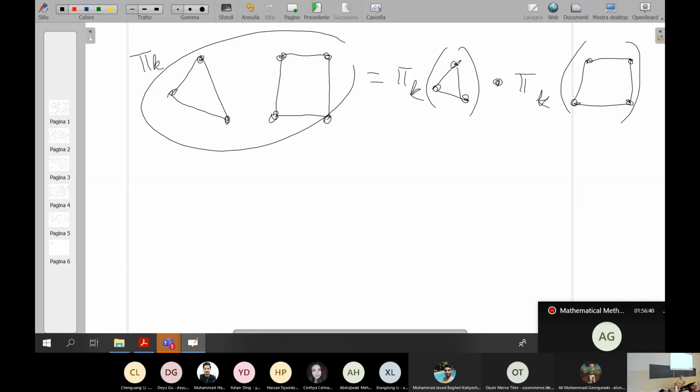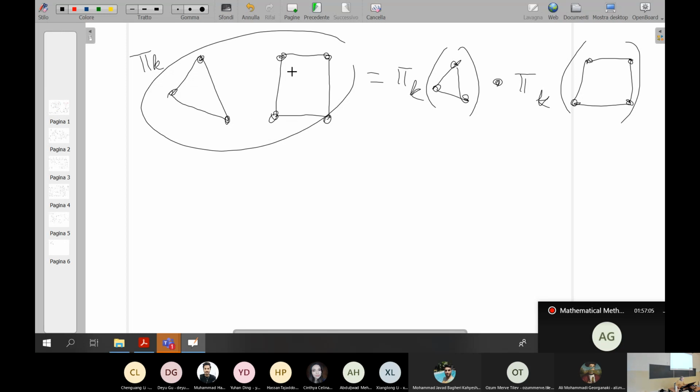Pardon me? You mean they can share color? Yes, they can share color, and not only, but think. I have 6 colors available, and I want to color this in all possible ways. Color this part in one way.